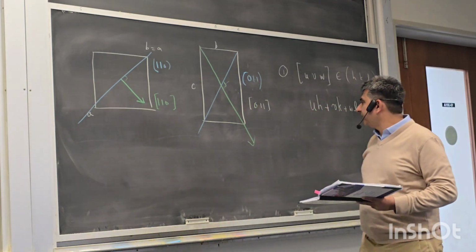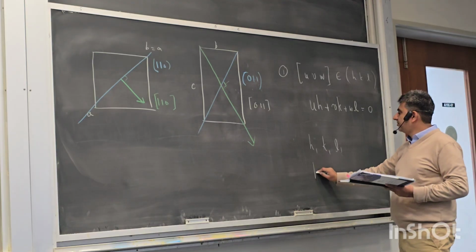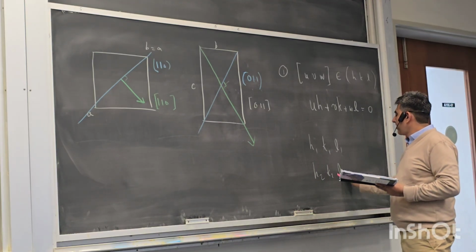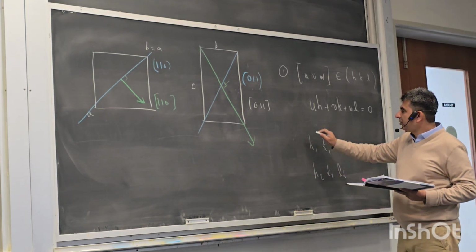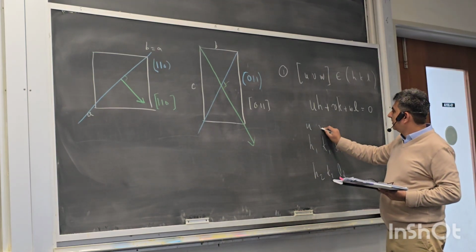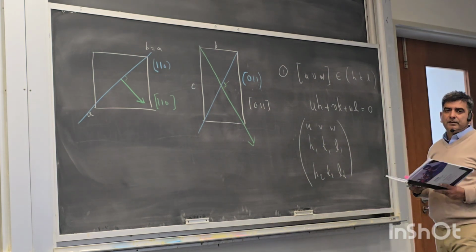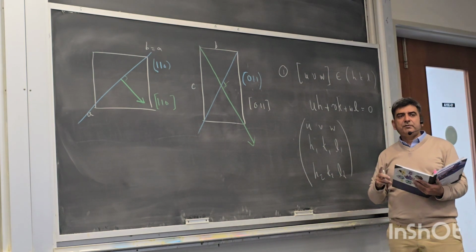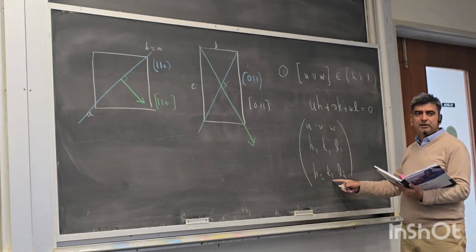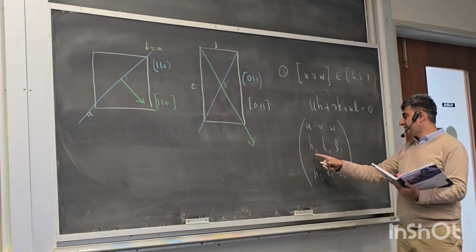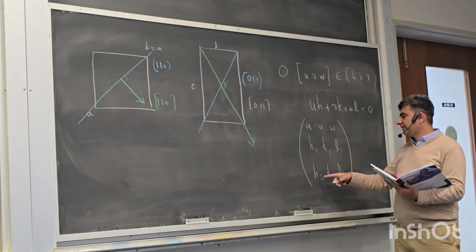So if you have two planes, H1, K1, L1, and H2, K2, L2, then you form this matrix and you want to find the direction of the line along which they intersect. You form this matrix, okay? And then the direction will be given by U equals K1 L2 minus K2 L1. V equals minus of H1 L2 minus H2 L1. W equals H1 K2 minus H2 K1.